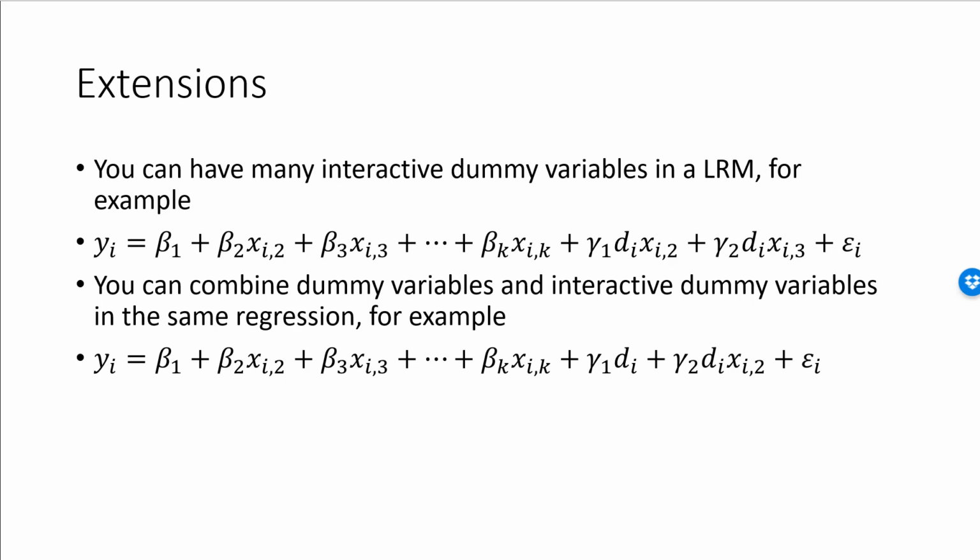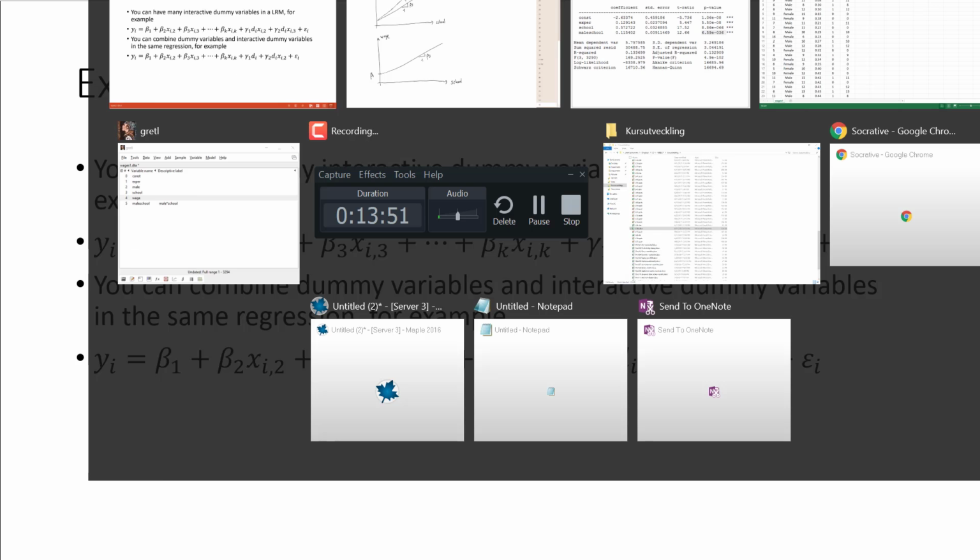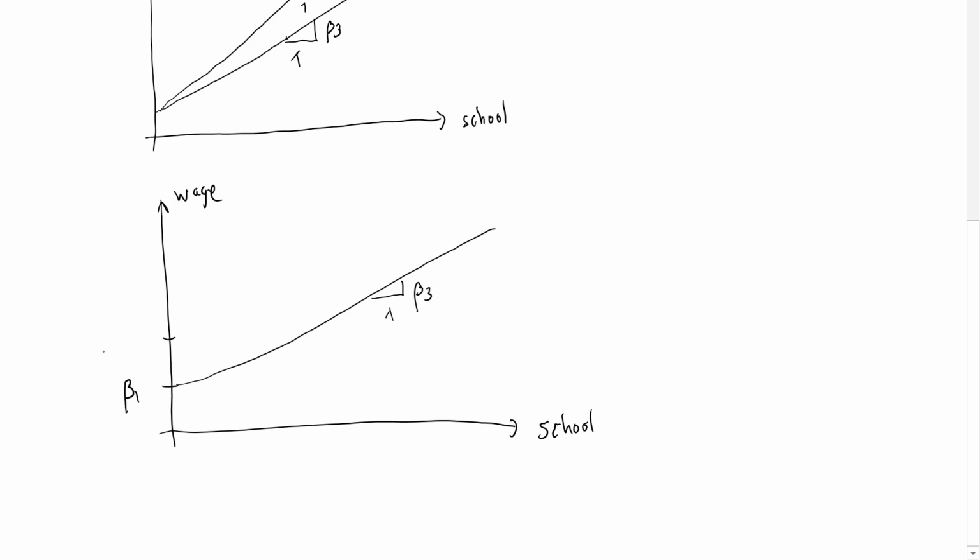Gamma 1 would be the extra intercept for men, so their intercept would be beta 1 plus gamma 1, and they would have a slope of perhaps something else, beta 3 plus gamma 2. So by including a dummy and an interactive dummy, you allow for both the slope and the intercept to be different.